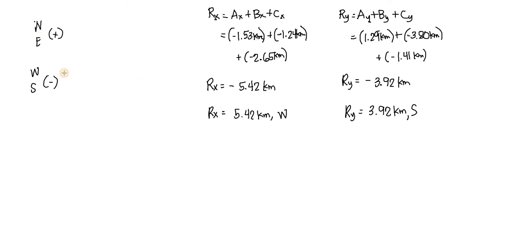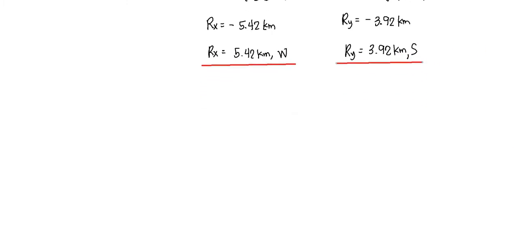After that you have to illustrate the answer. So let's underline this. Meron na tayo na answer. Next is to illustrate. We'll start with the x component. That's towards west.